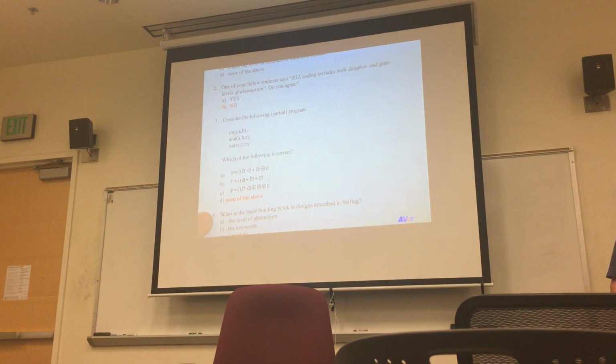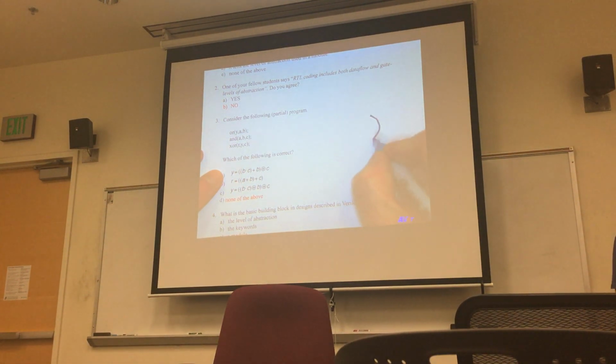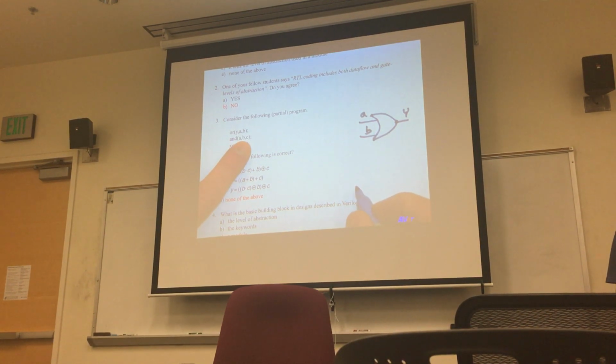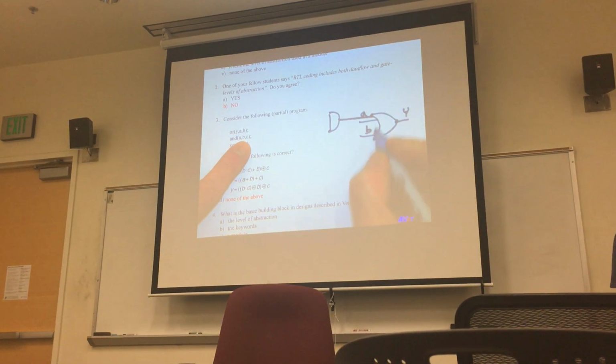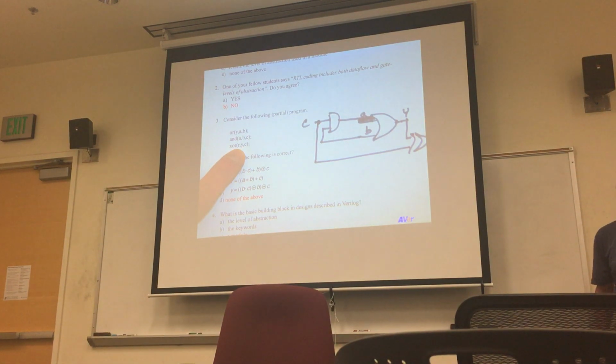Okay, so I have an OR gate where the output's Y and the inputs are A and B. And A is equal to the AND of B and C. And then R is equal to the exclusive OR of Y and C. So that's what the circuit looks like.